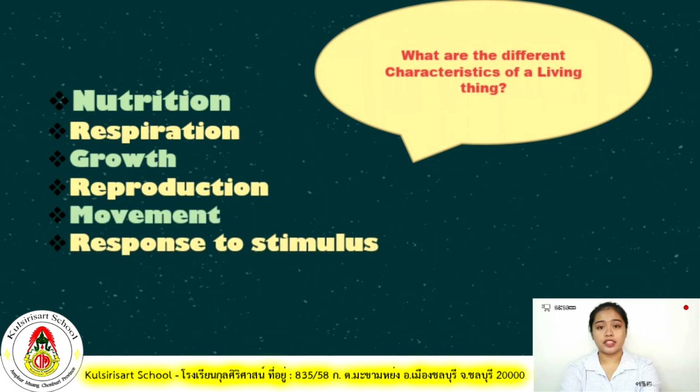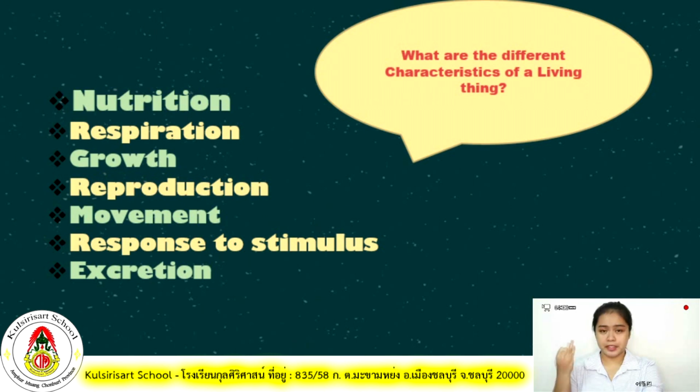Next one is response to stimulus. And the last one is excretion. Again, the different characteristics of living things are nutrition, respiration, growth, reproduction, movement, response to stimulus, and excretion.